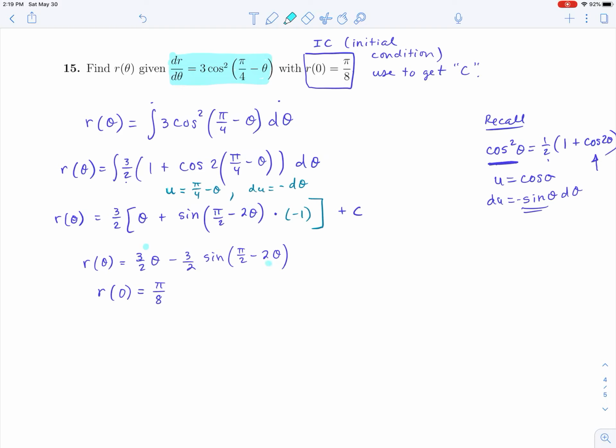We get 0 here, so sine of pi over 2. Sine of pi over 2 is 1. This is plus c. So what we get is -3/2 plus c equals pi over 8.